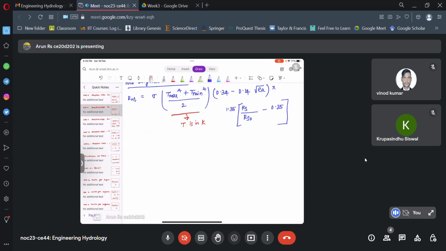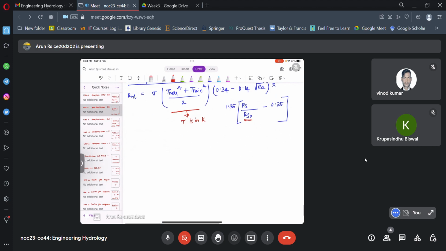So here we have got one more new term. What is this RS naught? RS naught is the shortwave radiation received for clear sky.